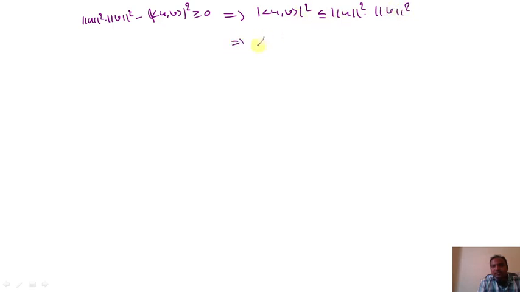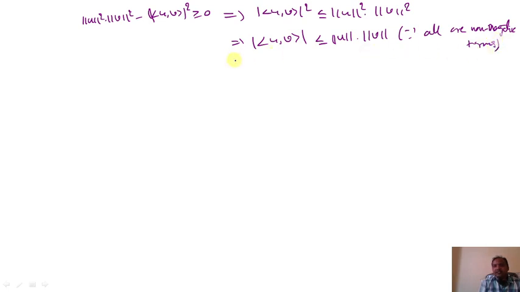That means |⟨u, v⟩| is less than or equal to norm u times norm v. Therefore this is correct. So this is the inequality.